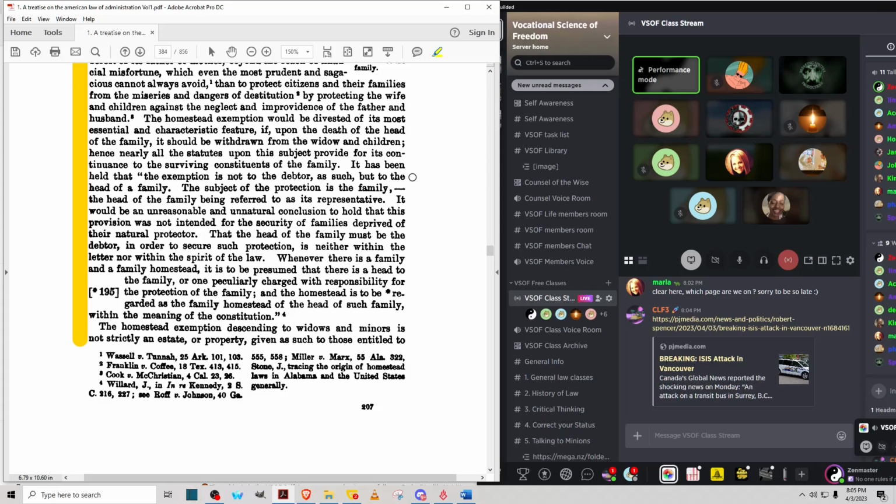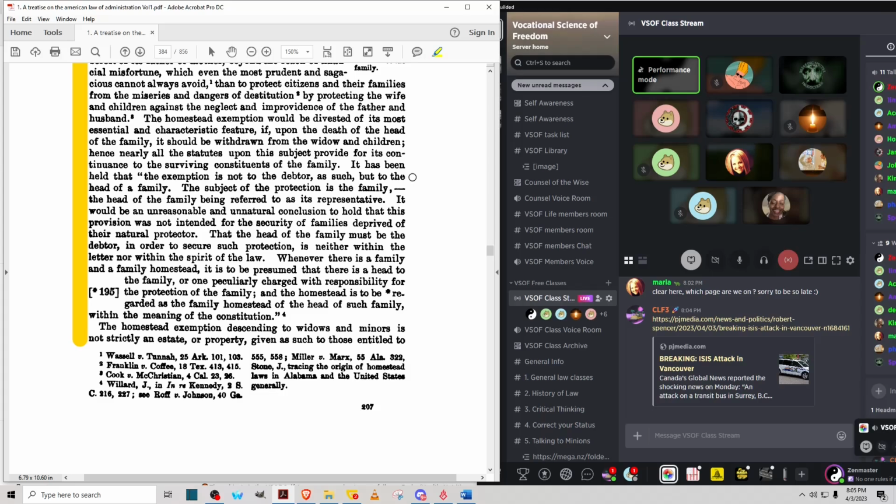It would be an unreasonable and unnatural conclusion to hold that this provision was not intended for the security of families deprived of their natural protector. That the head of the family must be the debtor in order to secure such protection is neither written in the letter nor within the spirit of the law, right? So it's protected no matter what, regardless of who might be a debtor to the estate, right?